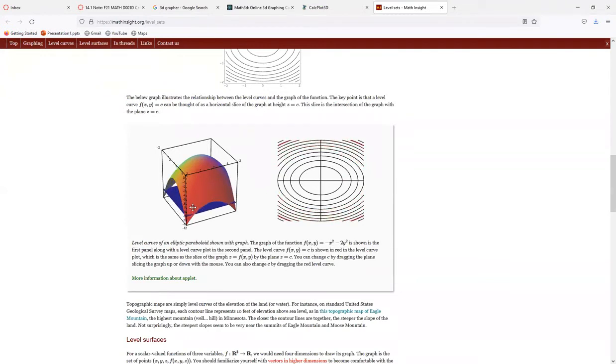Level curves are the intersection between the plane and the 3D object. From the top, you get the smallest circle. It gets larger and larger. And as you can see, as we go along, the intersections are becoming just some curves. By analyzing these circles on the right-hand side, we can analyze this 3D object.